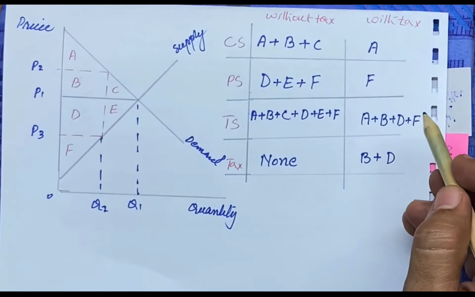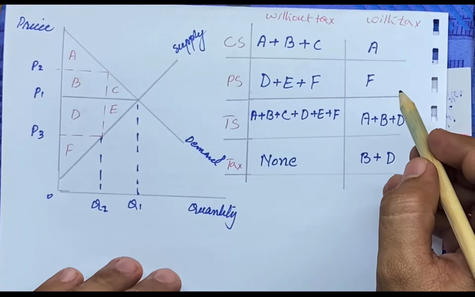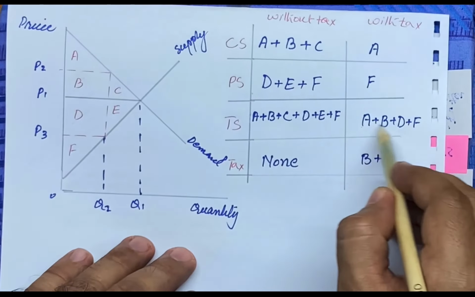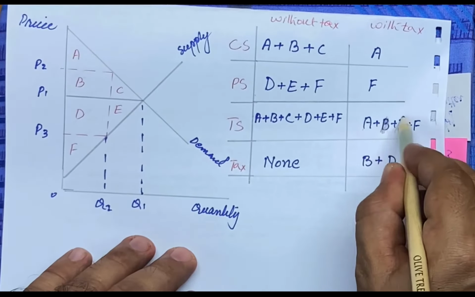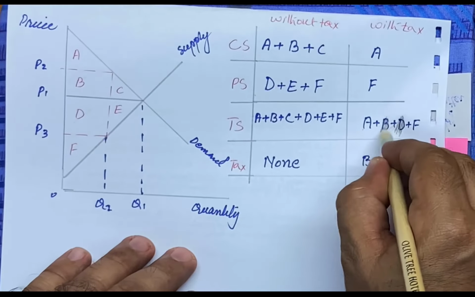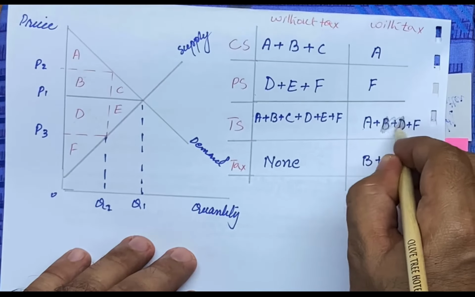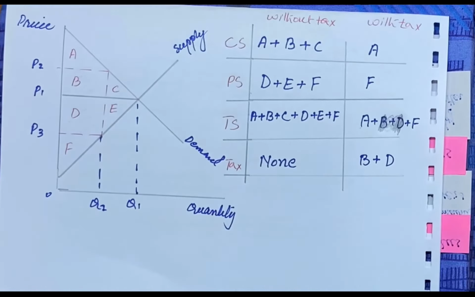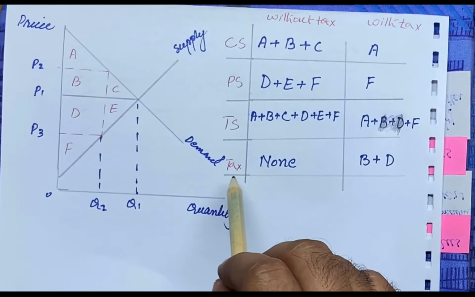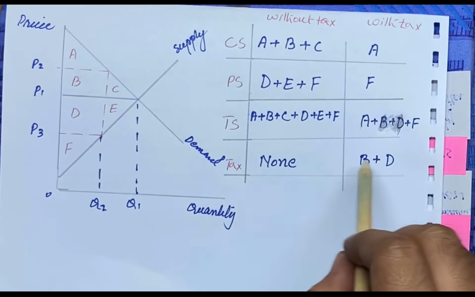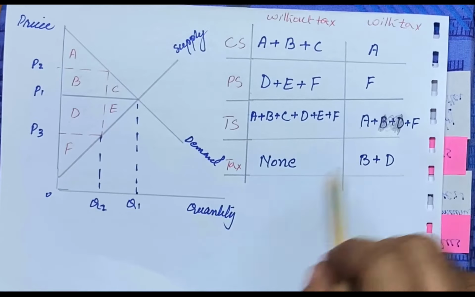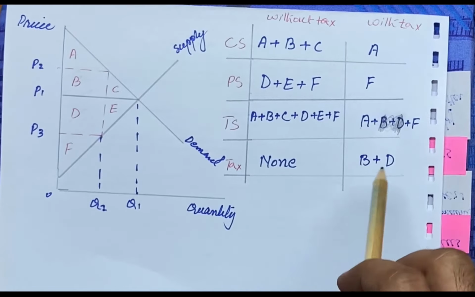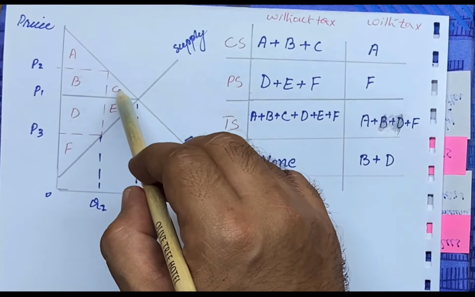So I think I made a mistake. So our total surplus is only A and F. B and D are no more part of producer or consumer surplus. So A and F is the total surplus. So tax is B plus D. Okay, so this will be the tax revenue.